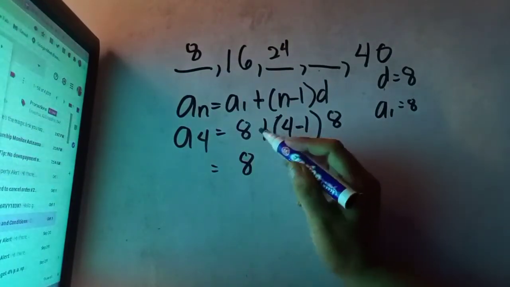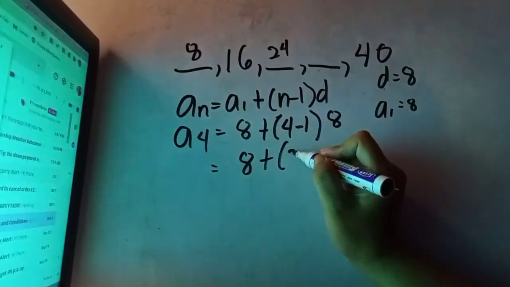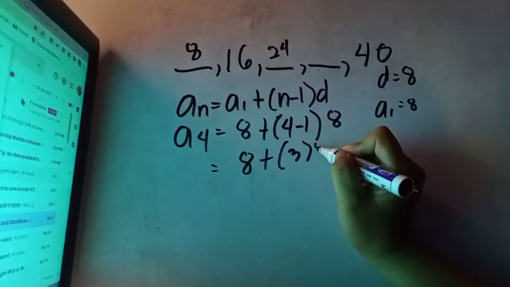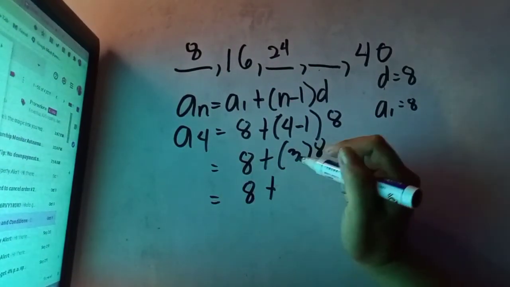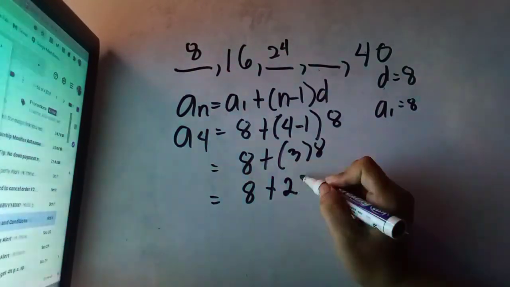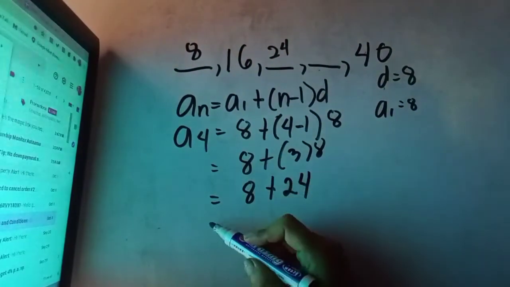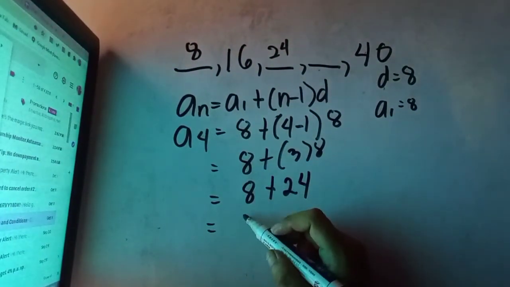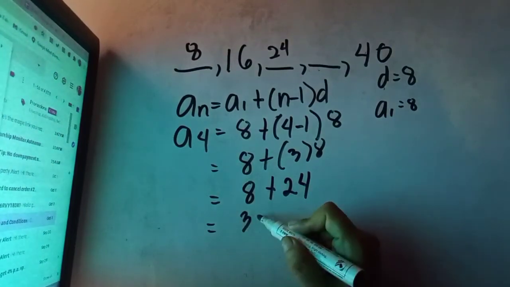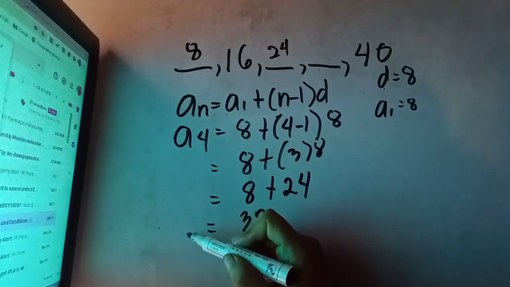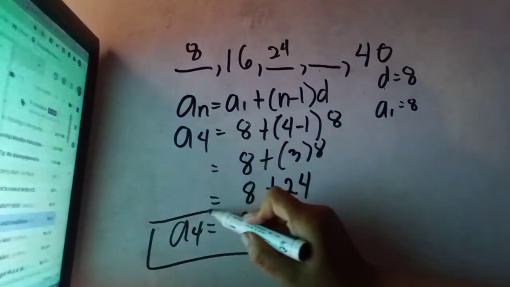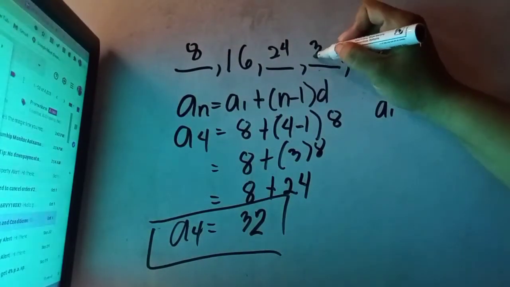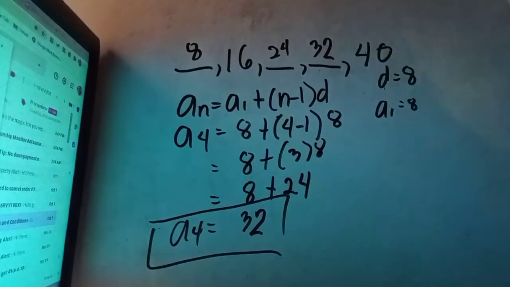So, 8 plus 3 times 8, 24. So, 8 plus 24 ay 32. So, therefore, ang ating A sub 4 ay 32. So, 32. Okay?